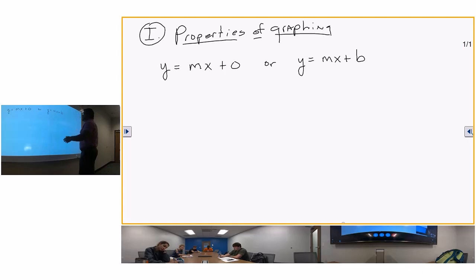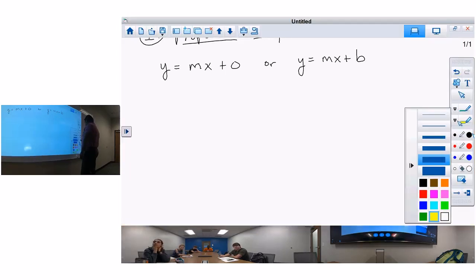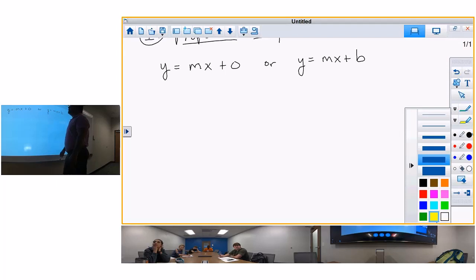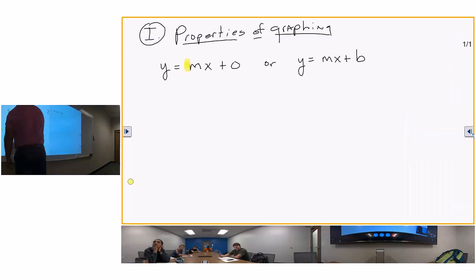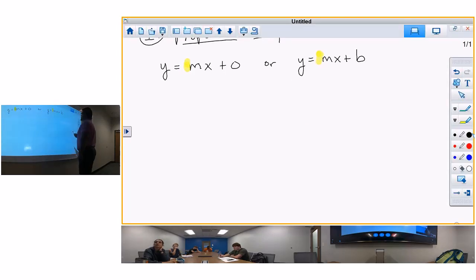B, okay, there's 3 parts of this. I'll just start with yellow, and I'll color that right there and that right there. And that is called the direction.